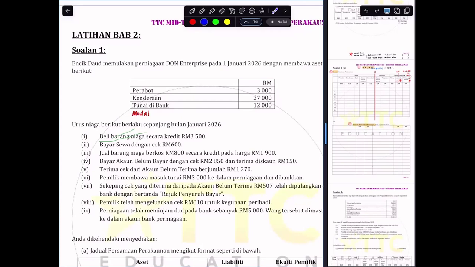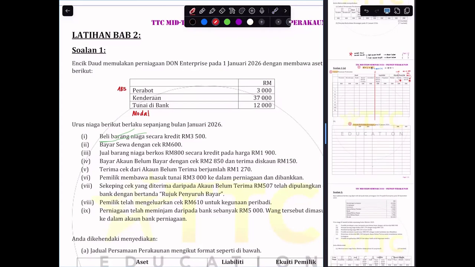Then what's the classification of perabot? Perabot, the furniture, the sofa, the chair, the table. Klasifikasi: AS, ABS, LS, LBS, EP, hasil, belanja. Yes, ABS, because it's your property that you're going to use for more than a year.